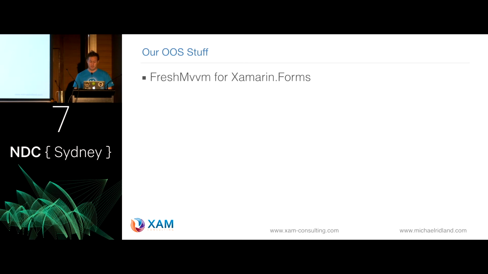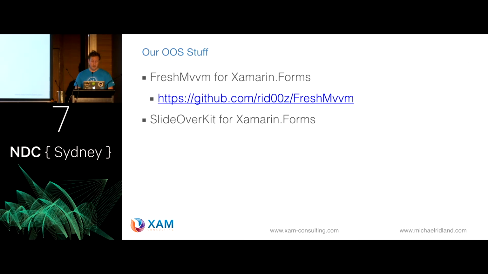So the first one is Fresh MVVM. It's an MVVM framework for Xamarin.Forms. This framework had its origins when Xamarin.Forms was first released, and I started working on that for every project that we were doing in Xamarin.Forms. It's all open source, you can go and have a look at it. And Slider Kit was a component that we tried to develop as a commercial component.